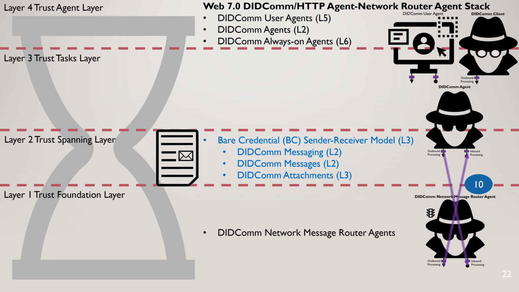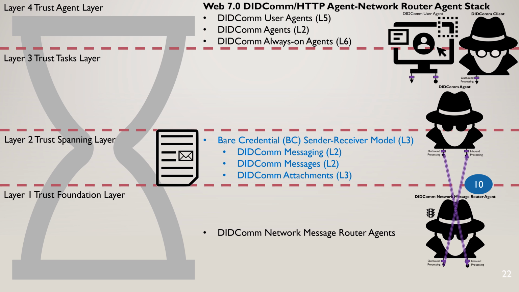Again, we've just highlighted the connections to a traditional DIDComm agent, but it could be a user agent or a DIDComm client, all talking to or forwarding messages through the DIDComm network message router agent. And again, this is using the bare credential sender-receiver model. More specifically, it's using the DIDComm message forwarding protocol.